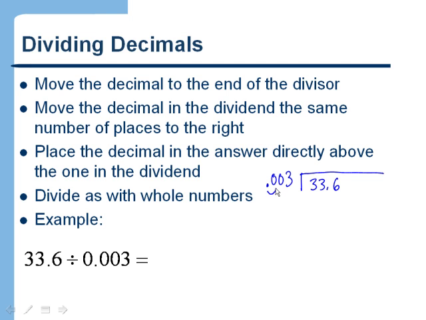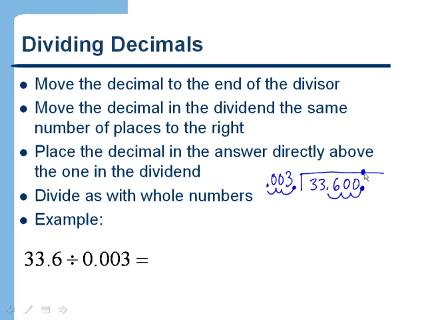So I move that 1, 2, 3 places to the right. So now I do the same thing with the number I'm dividing into, the dividend. So I move it 1, 2, 3 places to the right. And I'm going to add in zeros there. So now the decimal point is there. And I now make sure to put the decimal point there for the answer.